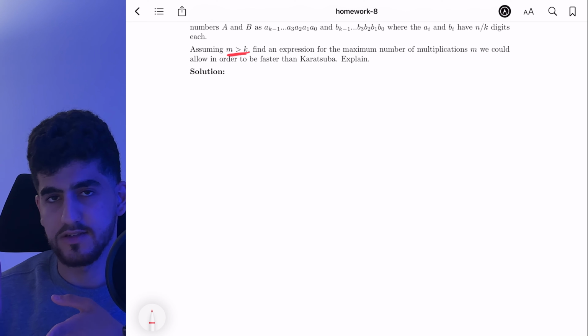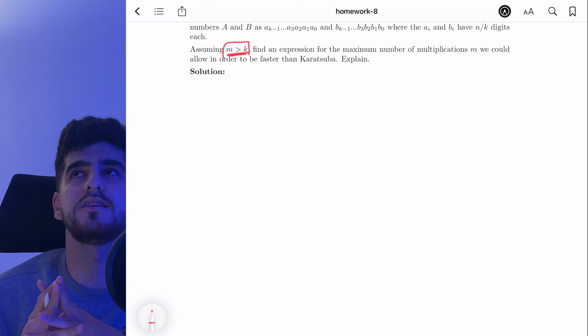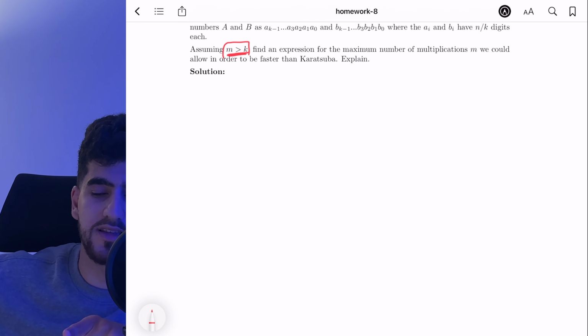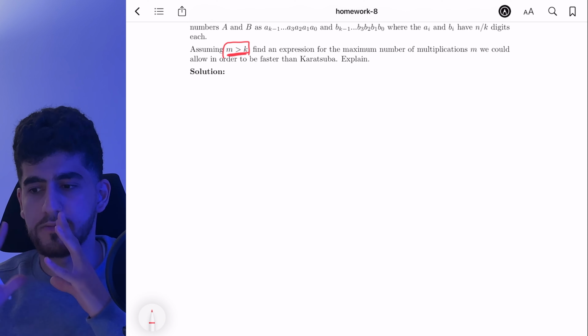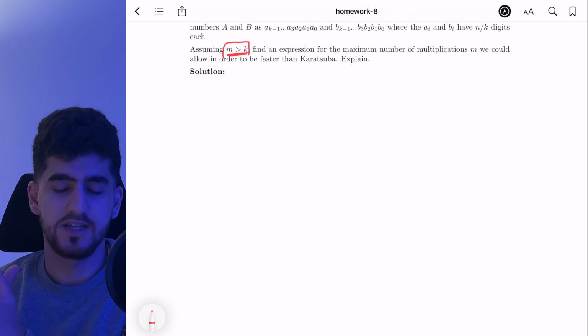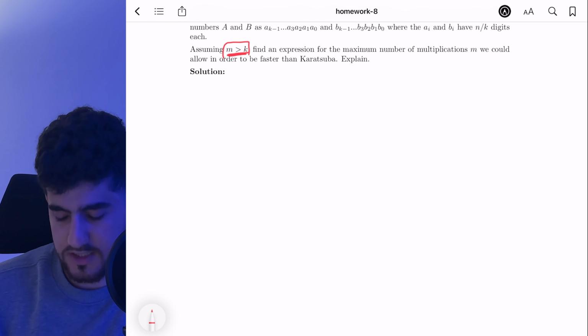So this is very important. If m was less than k, then the number of leaves at the last level wouldn't matter. So if you completely know what the master theorem is, m greater than k gives you very important information.